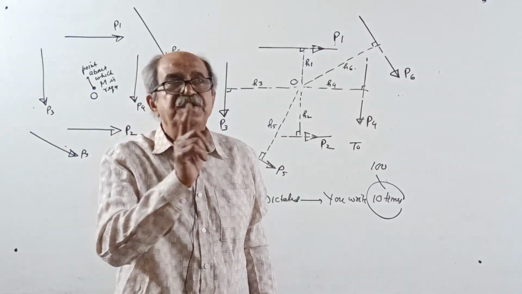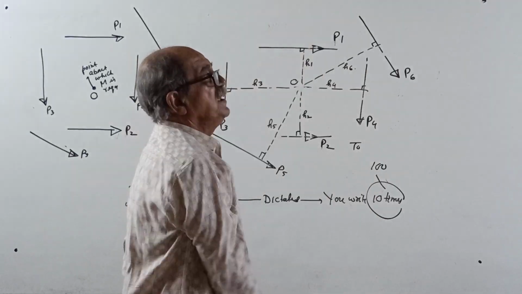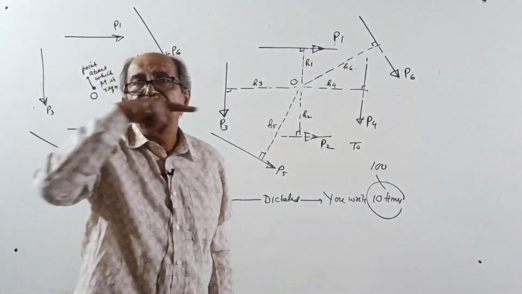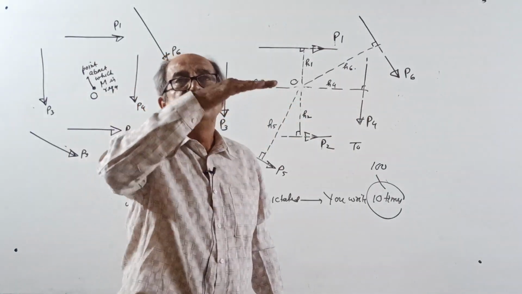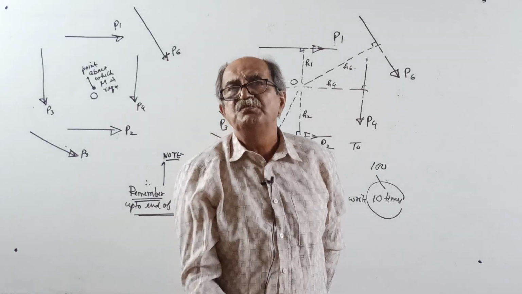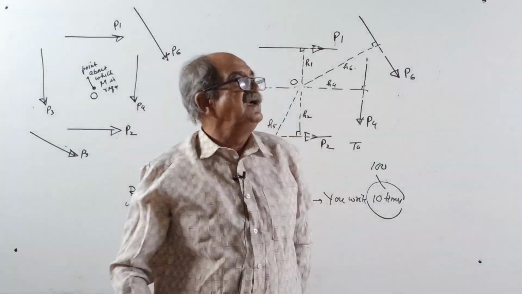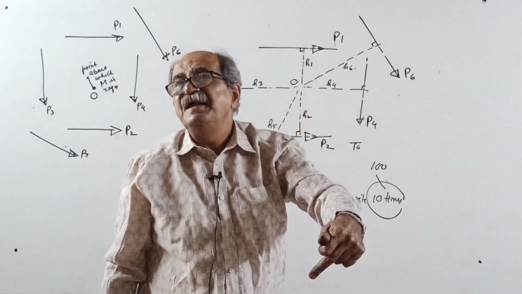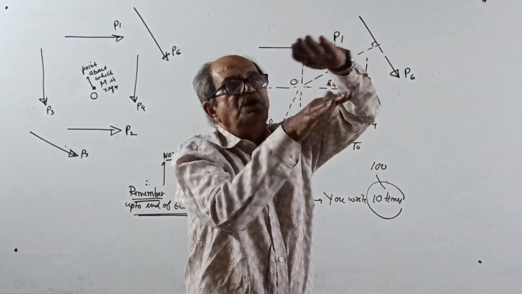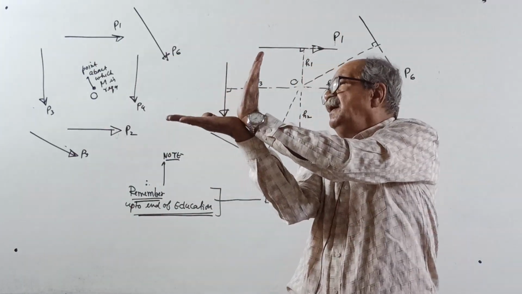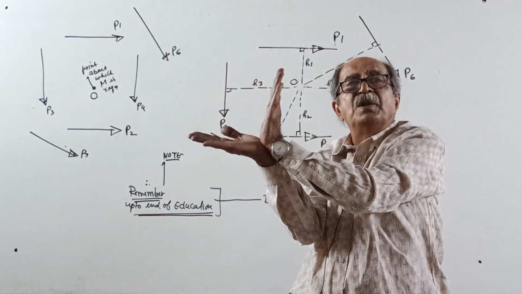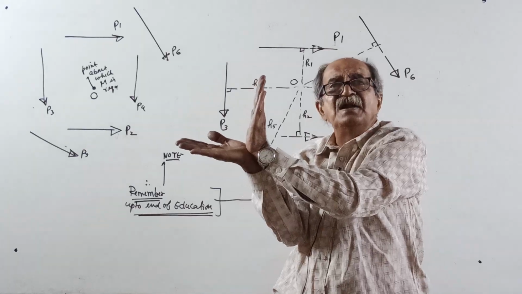If the force is vertical, multiply with the horizontal distance. If the force is horizontal, multiply with the vertical distance. If the force is inclined, option 1, resolve into horizontal and vertical components. For the vertical component, multiply with the horizontal distance.